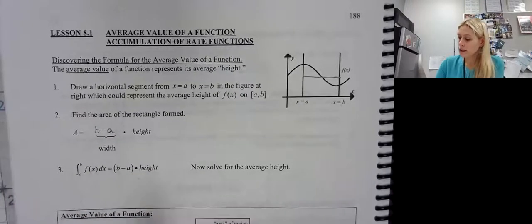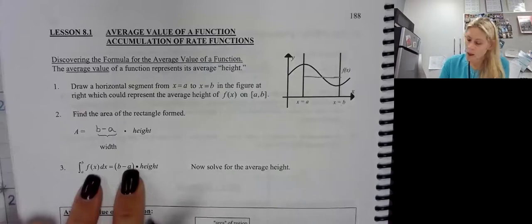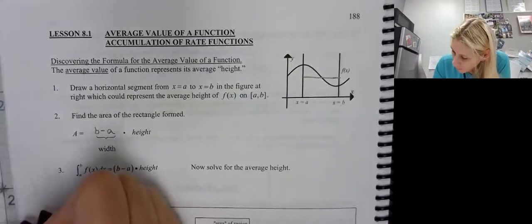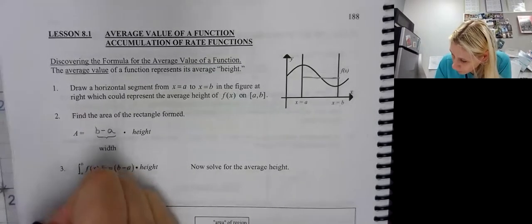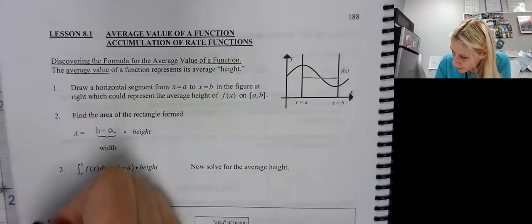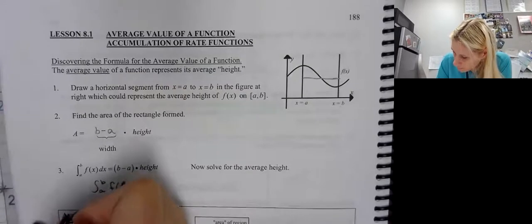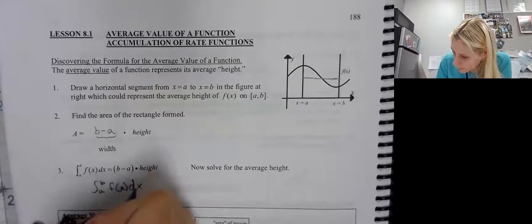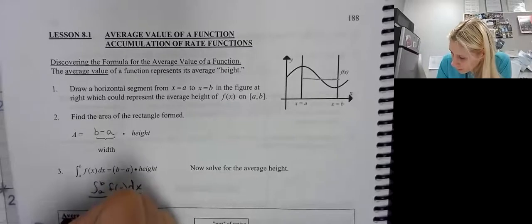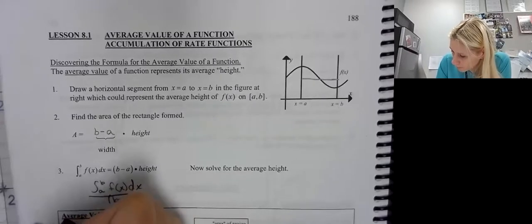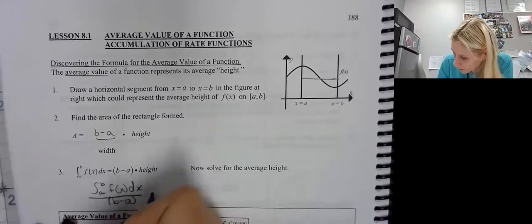Okay, so these two are equal. So if I were to solve for height here, we would have the integral from A to B of f of x dx divided by B minus A. That equals our height.